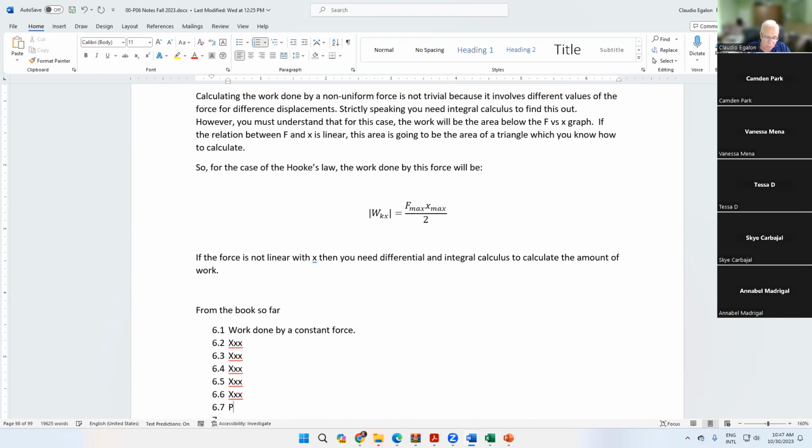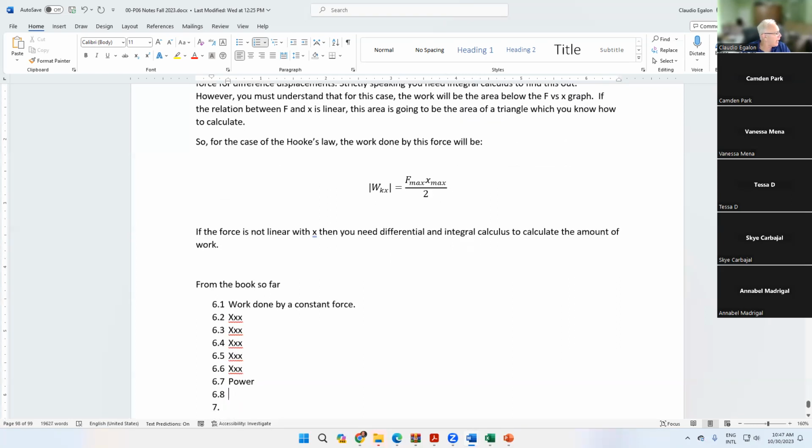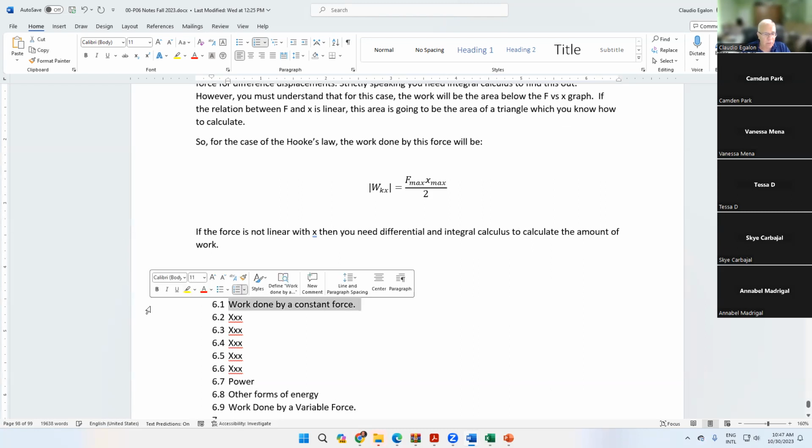Okay, let me write it down, power. 6.8, other forms of energy, we didn't cover yet. But we covered 6.9, work done by a variable force. So far we covered those two sections.